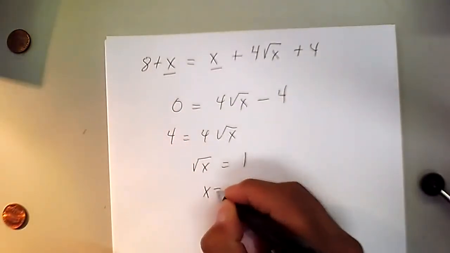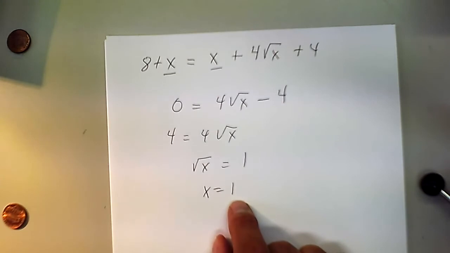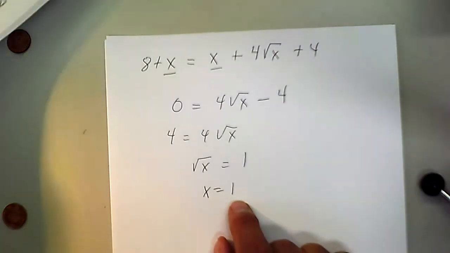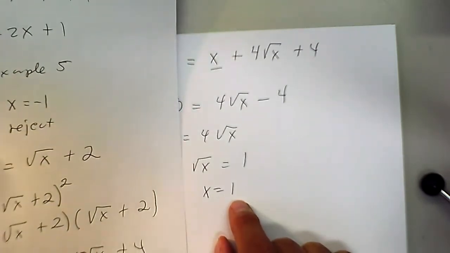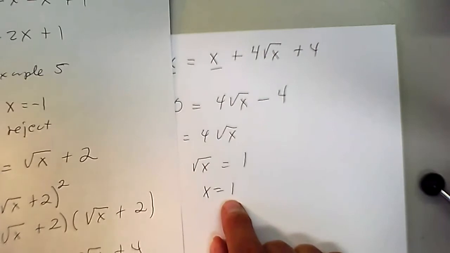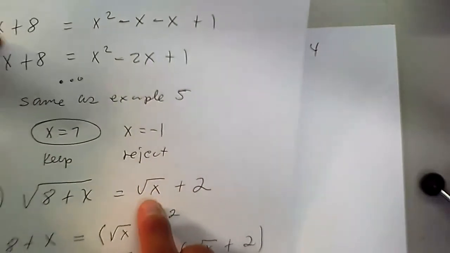So x equals 1. Now, anytime we're solving a root equation, an equation that includes a root, we have to go back and check our answer, because we don't know. For all we know, we might have to reject that anyway. And always compare to the original.